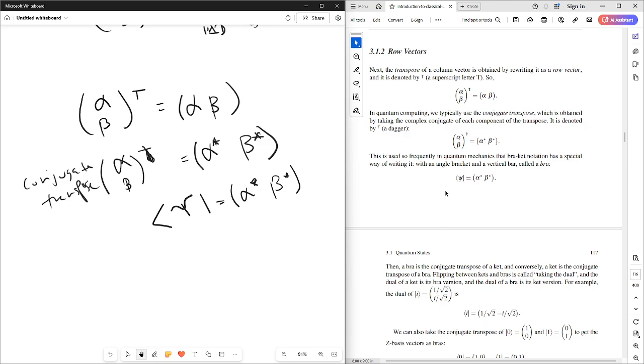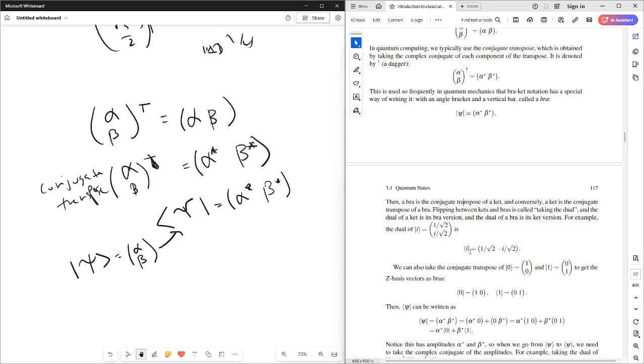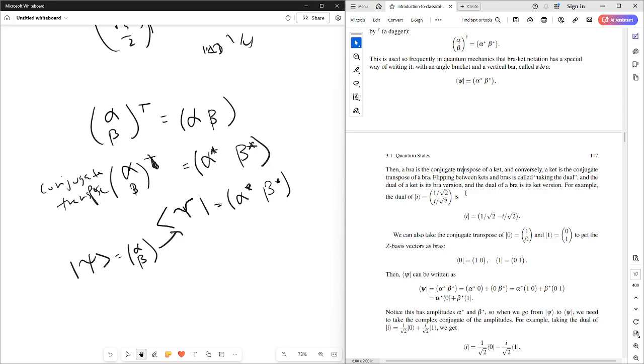So bracket notation: this is equivalent to this, and then this is that.